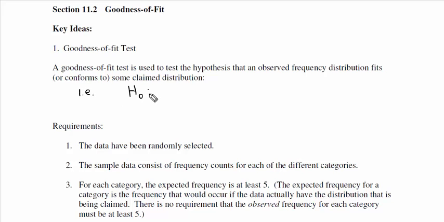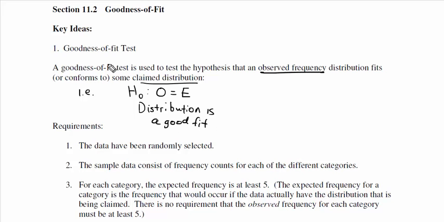So H0 is that the observed frequency, and I'm going to call them O, is equal to the claimed distribution, or what you are expected to get. So O is equal to E, or in other words, in no jargon, the distribution is a good fit. And that is why this is called a goodness of fit test.